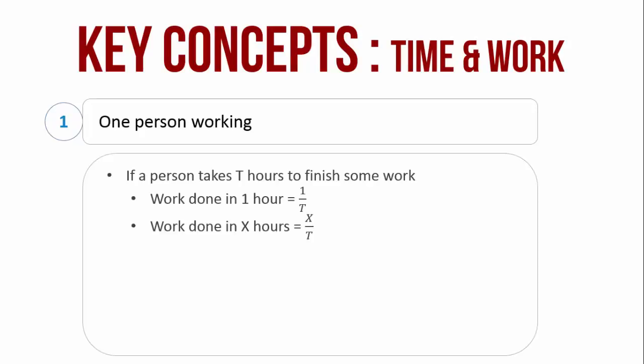Generally, if a person takes t hours to finish a certain task, in 1 hour he shall complete 1 by t amount of that task, and in x hours he shall complete x by t amount of that task. So for example, if a person takes 2 hours to finish some work, in 1 hour he shall only finish half of that work. And in 4 hours he shall do 4 by 2, that is 2 times of that work.